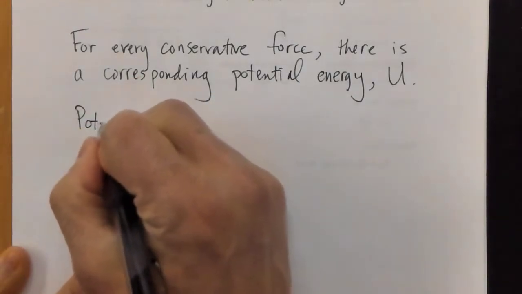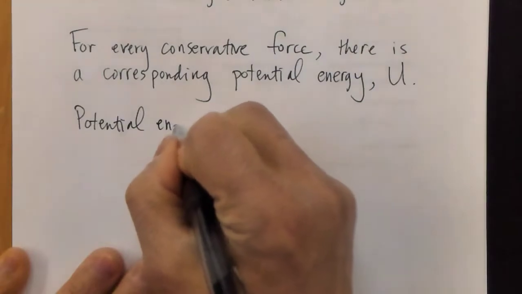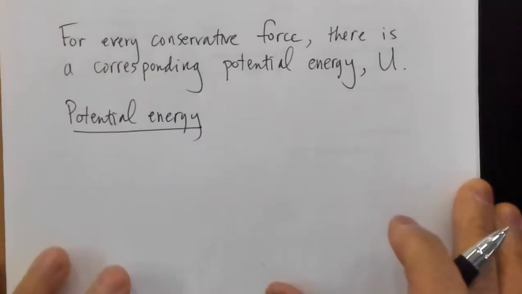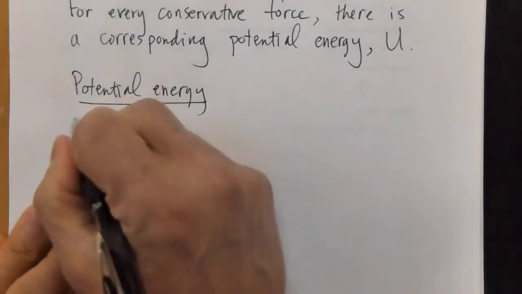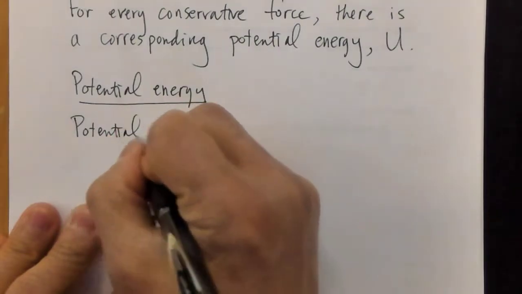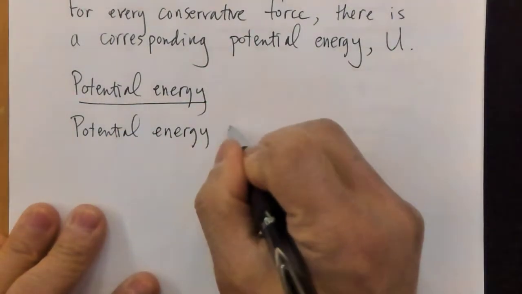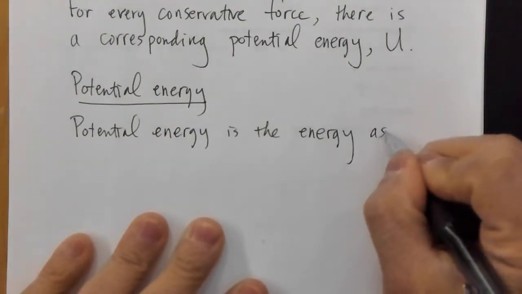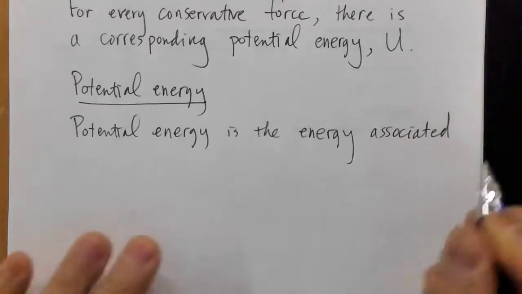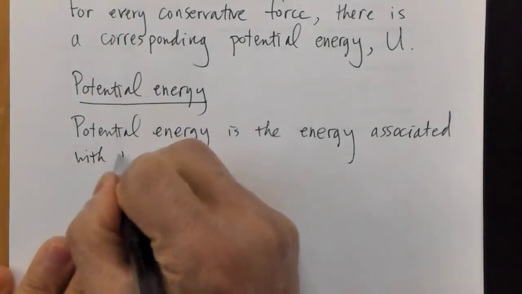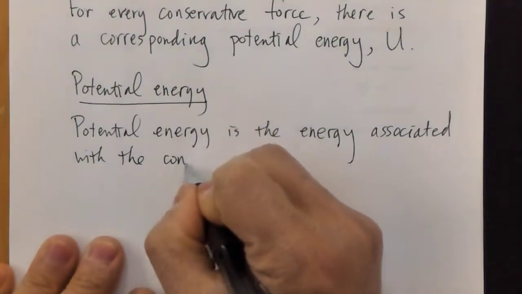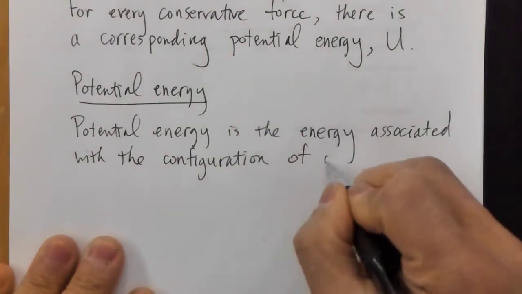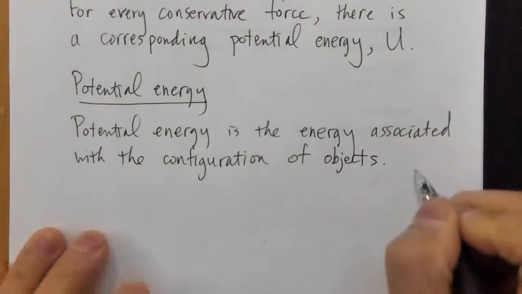So potential energy is the energy associated with the configuration of objects, how they are positioned or where they sit.